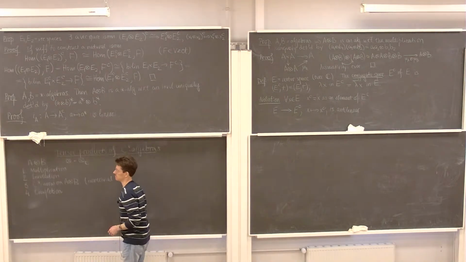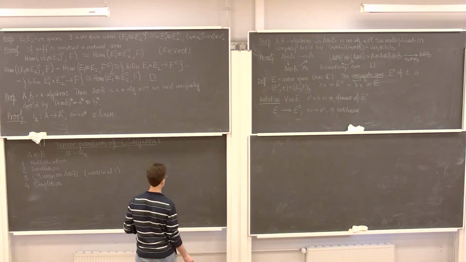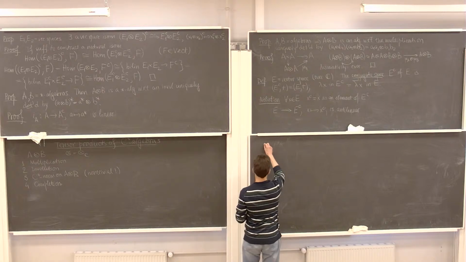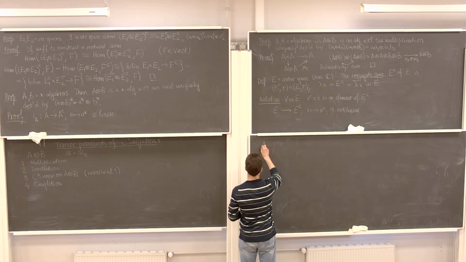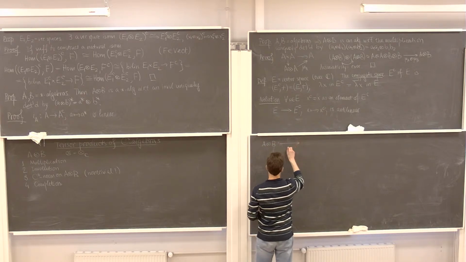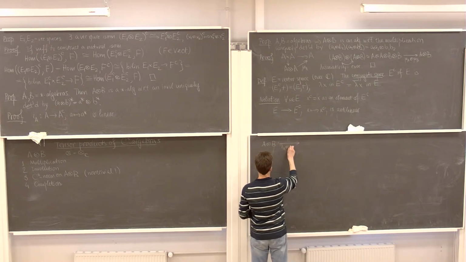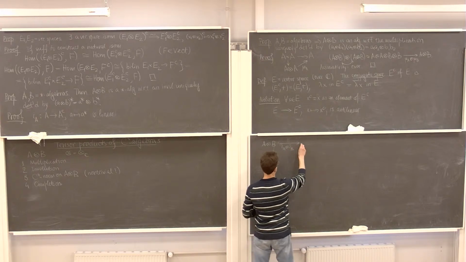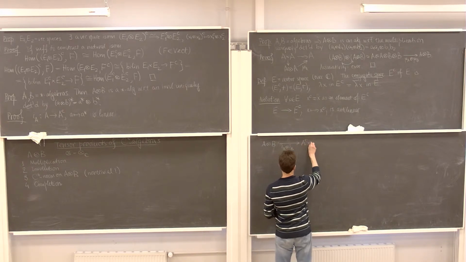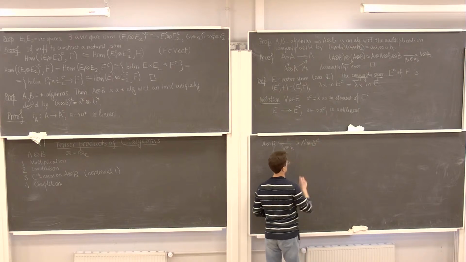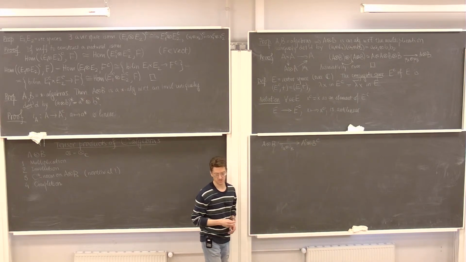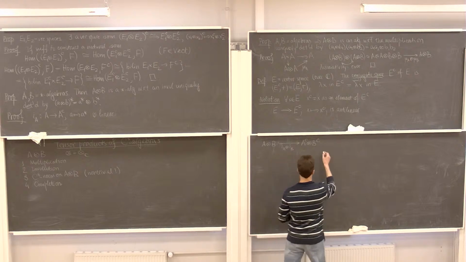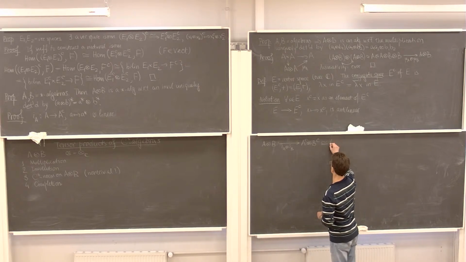Now we do the same construction for B. And we just take the tensor product of IA and IB. So we get a linear map, IA tensor IB, from A tensor B to AC tensor BC. But now our previous proposition tells us that this is nothing but A tensor B conjugate.